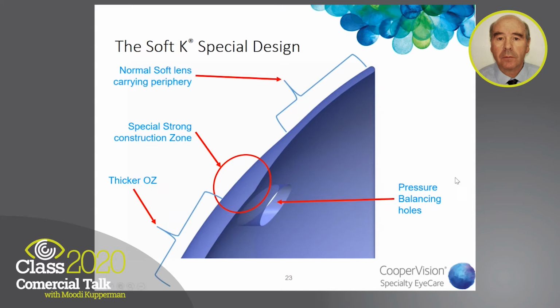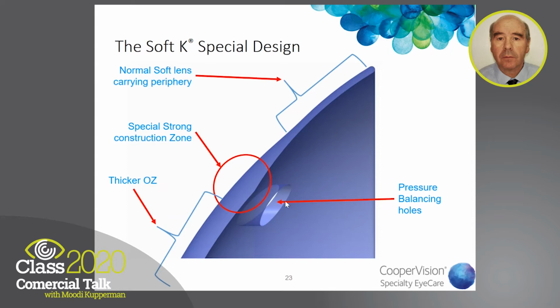The most important issue is the pressure balancing holes. At the beginning of the design of the Soft K lens, we didn't put these holes, and we found out that the lens was like gluing to the cornea after every blink, and then it took a few seconds to release.